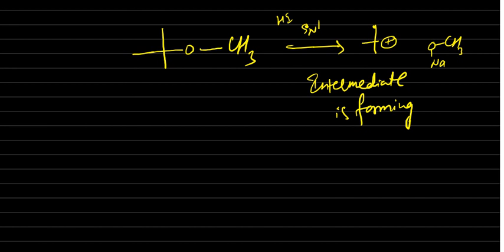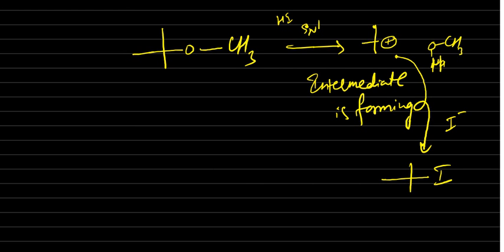I will attack there. First of all, protonation takes place on the oxygen. Then this carbocation reacts with I minus, forming tertiary butyl iodide.